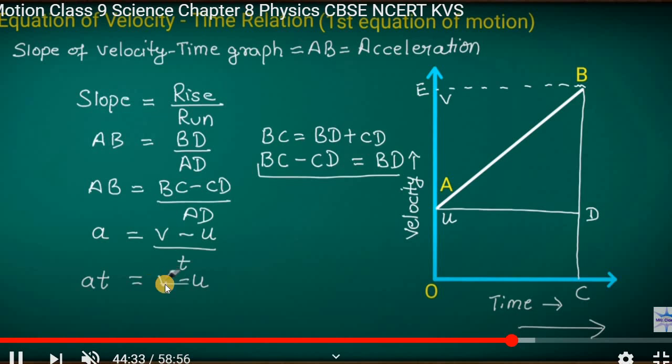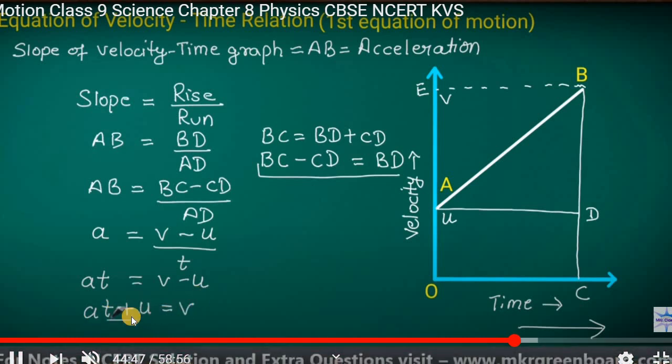Here we have to find the value of V. So the AT, this minus U, if it comes to this side, becomes a plus. So AT plus U is equal to V. If we write it in a proper way, then V is equal to U plus AT.